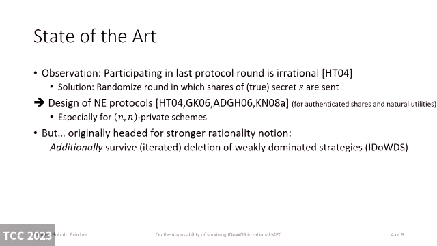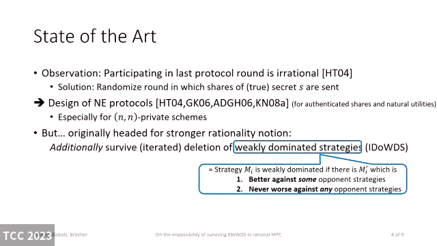However, the authors of the papers above also headed for a stronger rationality notion. Since, well, Nash equilibrium they meant, and also we think, is not sufficient in all scenarios. And in particular, they wanted to get the notion of surviving iterated deletion of weakly dominated strategies, or for short, IDOMs. Okay, so what's weak domination?